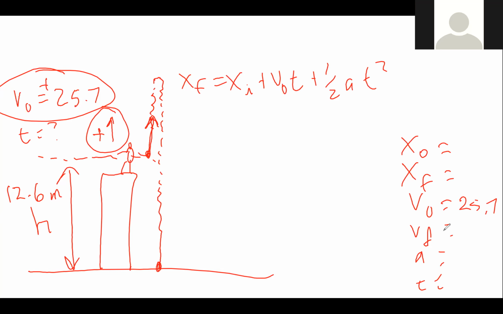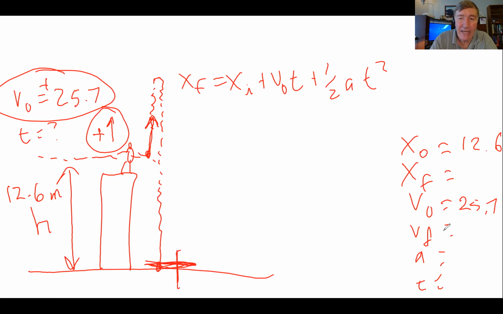I really don't know, but I put X initial as 12.6. Okay, so that means, go ahead, finish your sentence. I think that means the origin is at the top, right? Oh, really? At the bottom. It's at the bottom. Yeah, it means it's at the bottom. So Fatima put her origin down here at the bottom because X naught, what does that stand for?